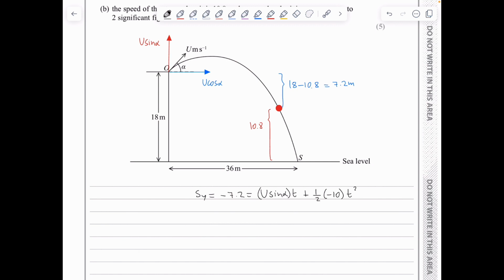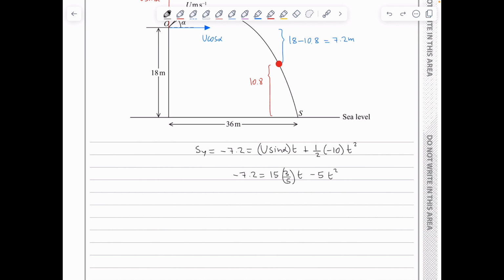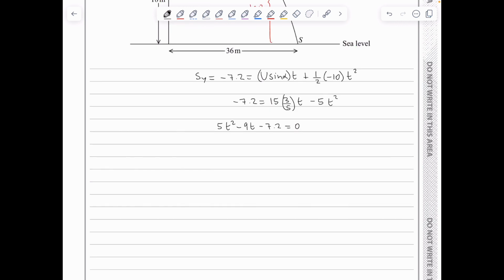So we get that minus 7.2 is equal to u, which is 15, sine alpha, which is 3 over 5, times t, minus 5t squared. I will collect everything on the left hand side, which gives me 5t squared minus 9t minus 7.2 is equal to 0. And I will use the quadratic formula to solve and find the value for t.